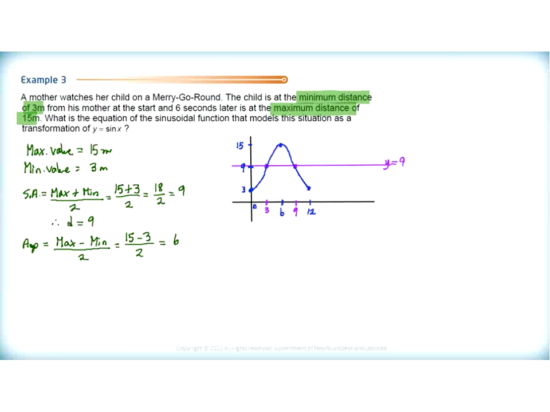In this case here, we have an upside down v, whereas the situation asked us to write the equation of the sinusoidal function as a transformation of the sine of x. So I would like to extend this graph so that we get the sideways S-shaped function. Every 3 seconds, so at 15 seconds, the y value will be equal to 9.